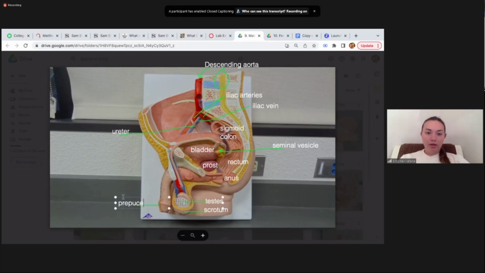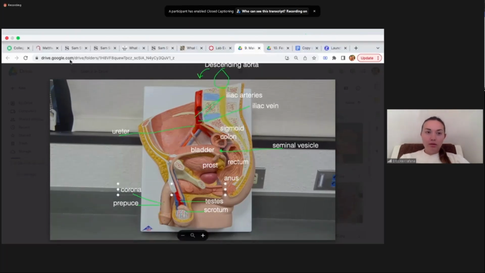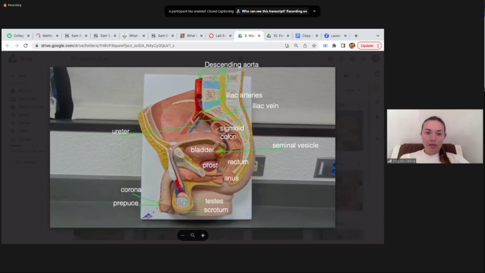What people commonly call the foreskin is the prepuce. It's the skin outside. Corona is this ring around the head of the penis, corona. Then there's the head of the penis here, and then the shaft.